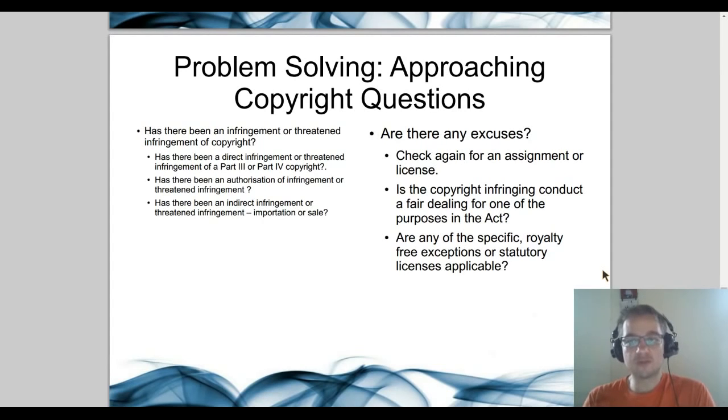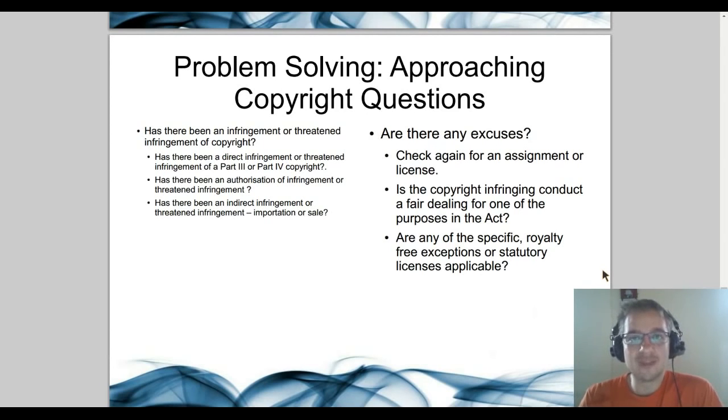Then we move to defenses. Check first all of the fair dealing defenses, then check the specific royalty-free exceptions, the private use exceptions, the computer software exceptions. There's a whole range of them. Incidentally, that's why the ALRC suggested we just consolidate all of those into a fair use exception, which would probably make our act a lot more simple, if not our job much more simple.